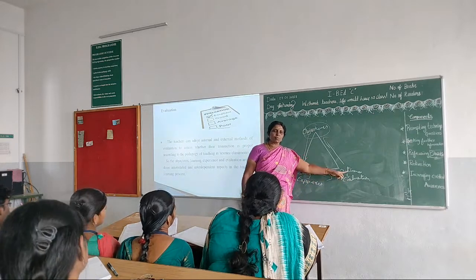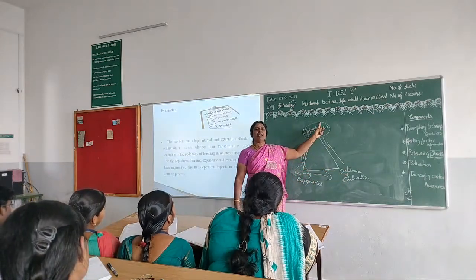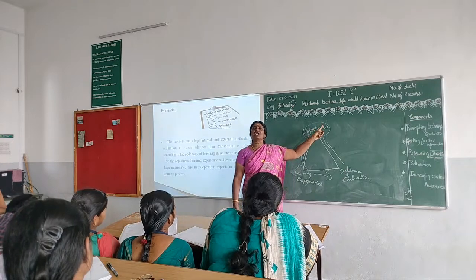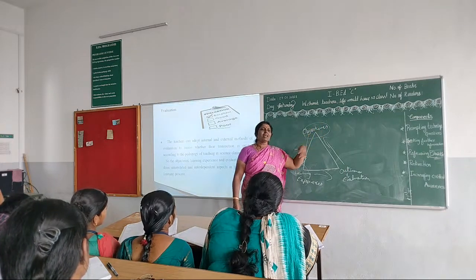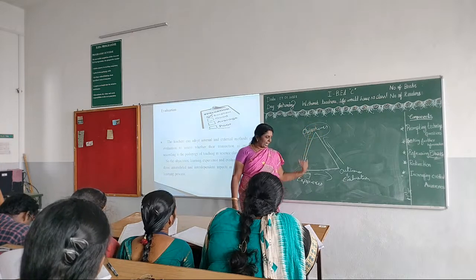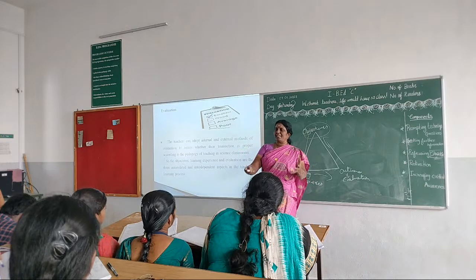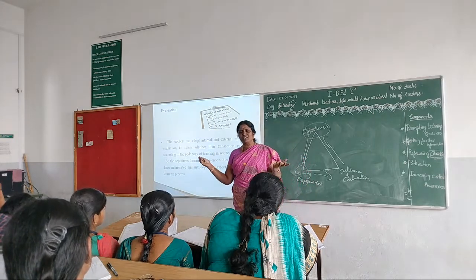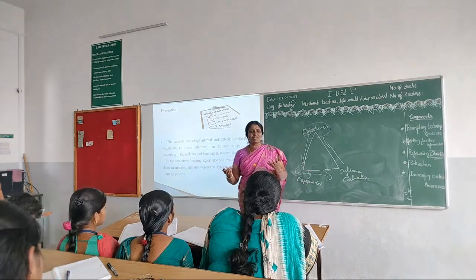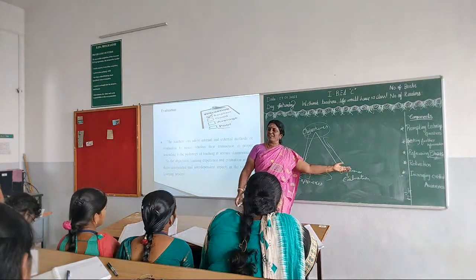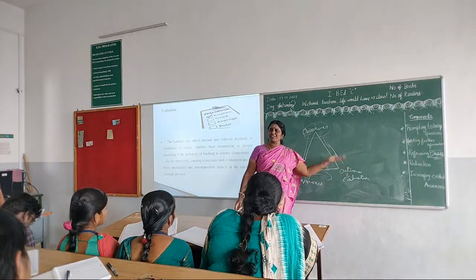And the evaluation should again be related to the objective. If you have not achieved the objective, then it should be revised and you have to go for some other set of learning. That is at the end of the class I have to ask you whether you understood or not. So if you say yes, then I will compare the objectives with the evaluation.